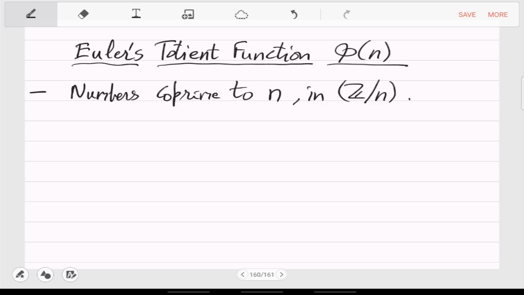So the definition of that is it's a subset. It's Z/n star.